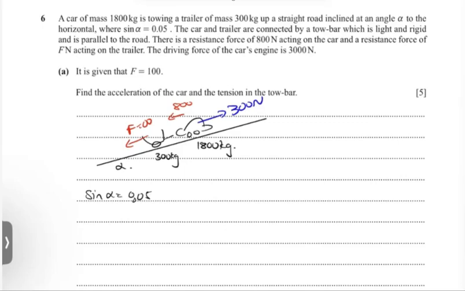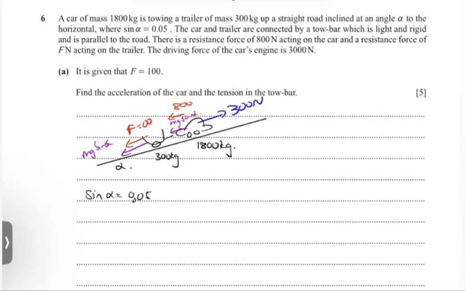Right, I think I'm going to look at this as a system, so I'm not going to look at the tension in the car yet, but I do know I've got my two weight components going down, mg sine alpha, mg sine alpha.